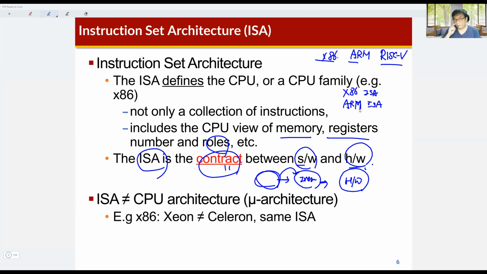An x86 ISA processor means that if this processor is designed for x86 ISA, then it can execute the instructions defined by x86 ISA. For example, this is the Intel CPU.